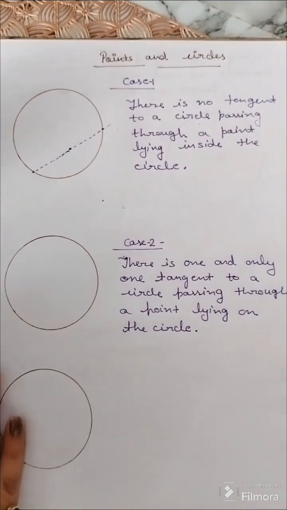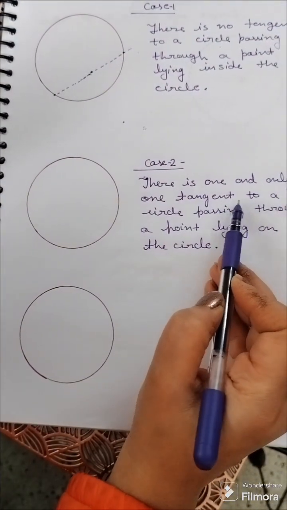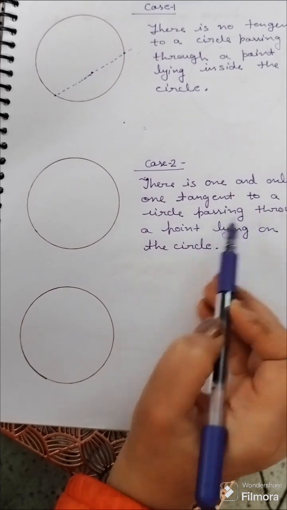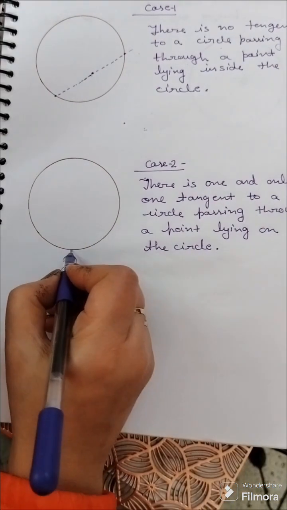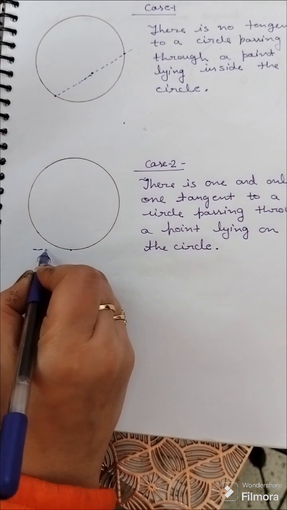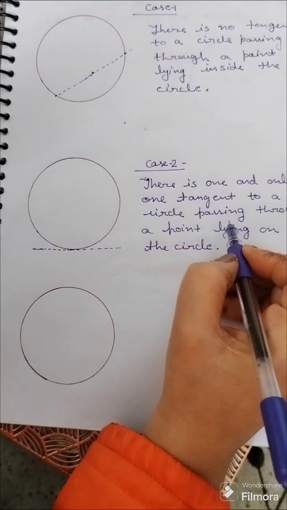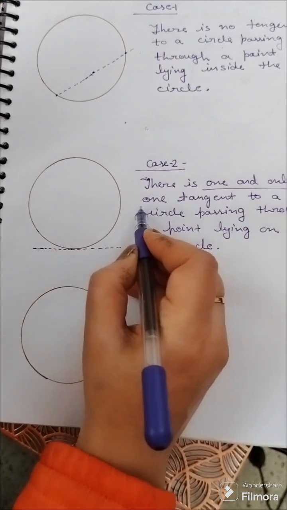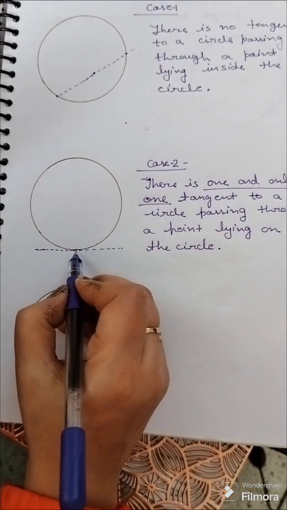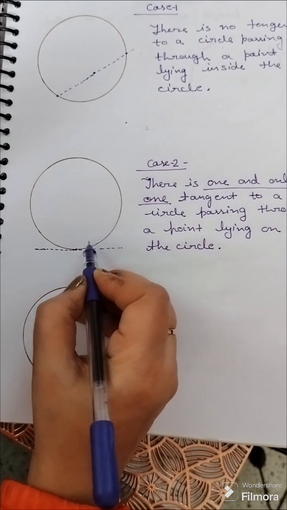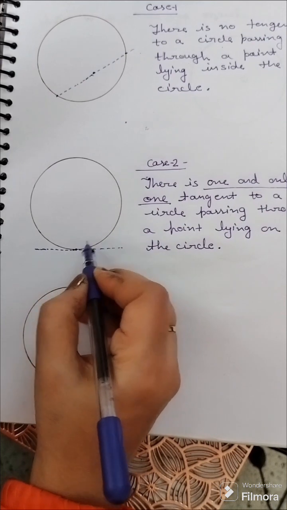Now next one says that there is one and only one tangent to a circle passing through a point lying on the circle. Let's take the point, and what they are saying is that there is one and only one tangent, because if I would try to draw other lines, that line will cut the circle at 2 points.